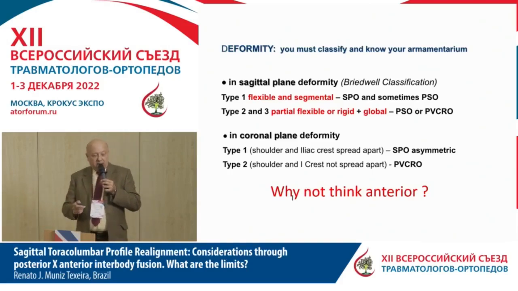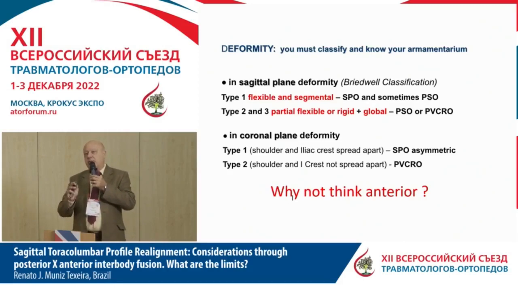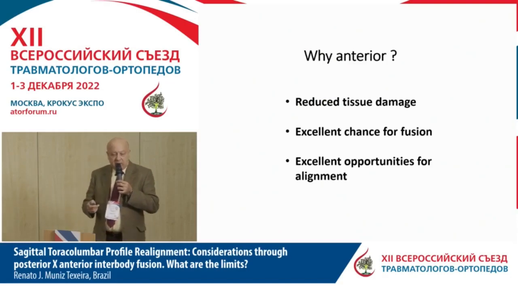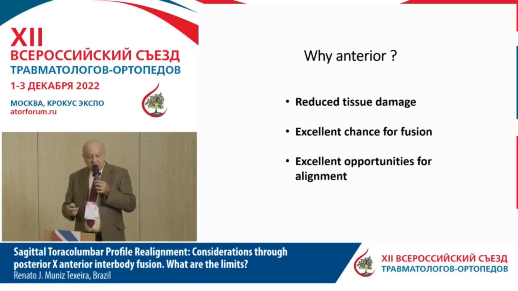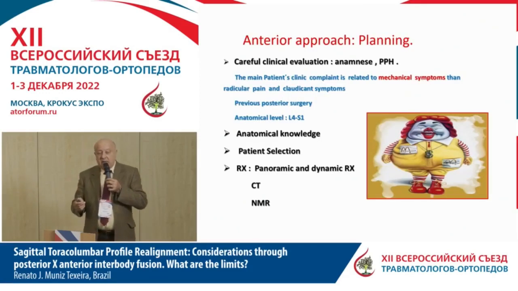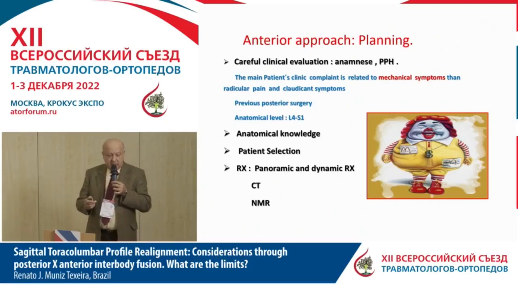When we have a flexible deformity, we try to perform the lowest risk procedure. Use of anterior approach is useful to reduce tissue damage, accelerate chance for fusion, accelerate opportunity for alignment. But it needs a careful evaluation of the patient.